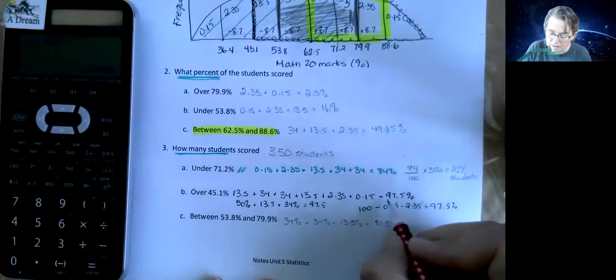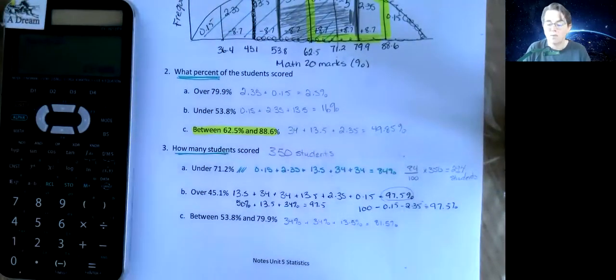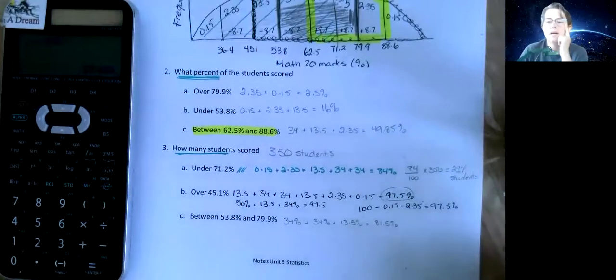Let's take a look at this one. This one is 97.5. If you think of 97.5, that's almost all of it, right? So I don't know what the answer is, but I bet it's going to be pretty close to 350.